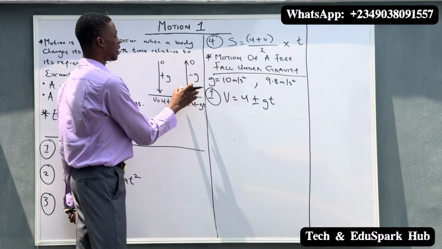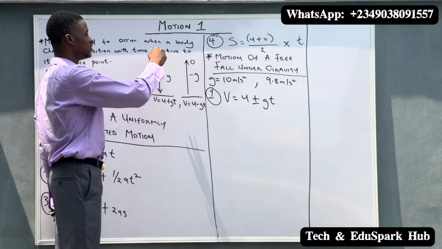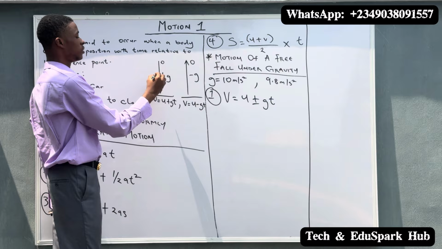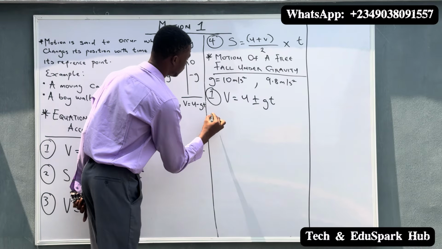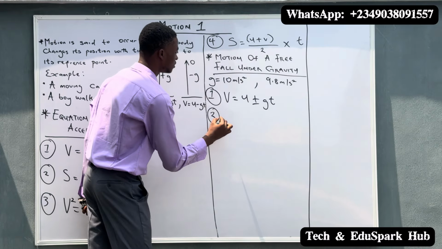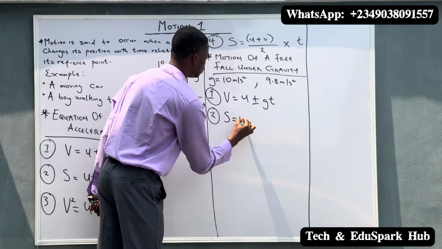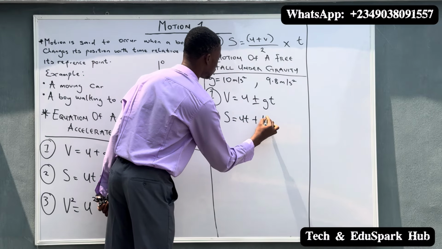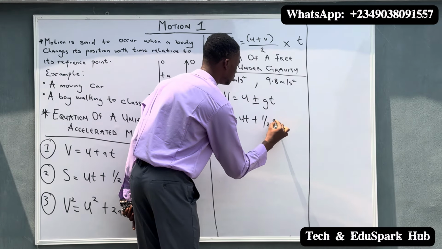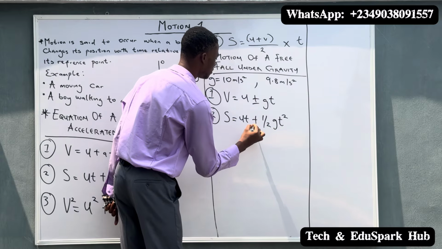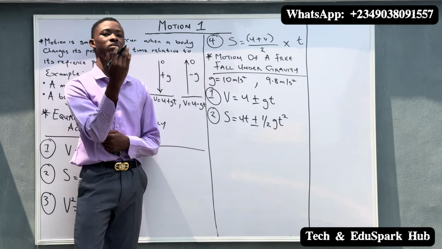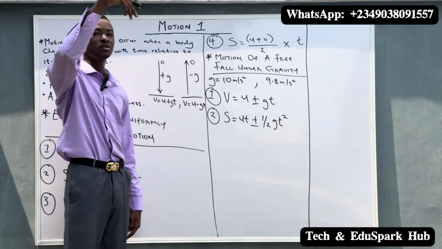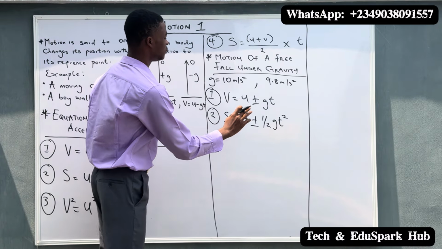If the body is falling, there will be plus g, and if the body is going up, there will be minus g. And the second formula is s equals to ut plus 1 over 2 gt square. It can be plus or minus too. If the body is going up, it will be minus half gt square, but if the body is coming down, it will be plus half gt square.